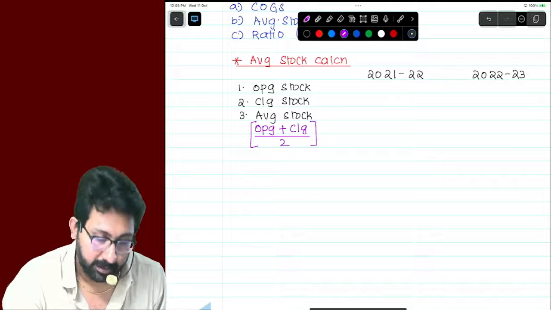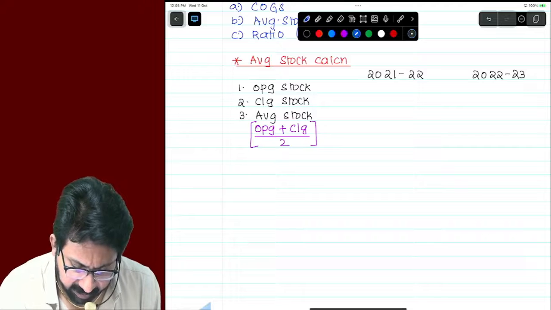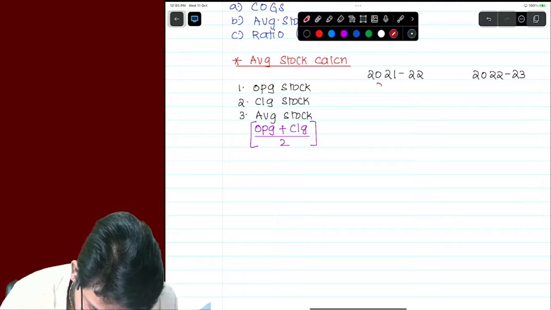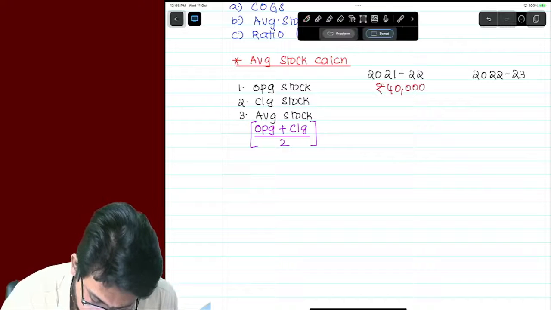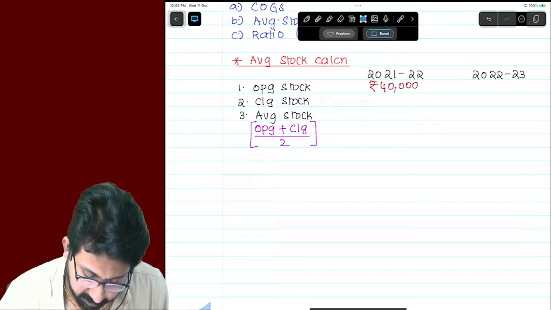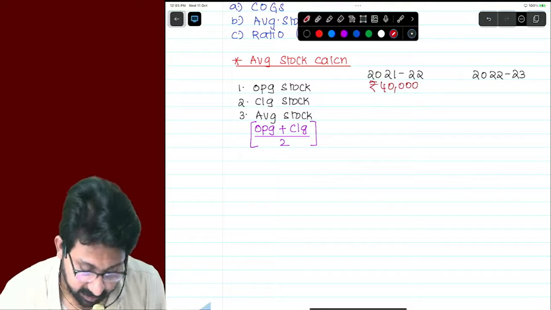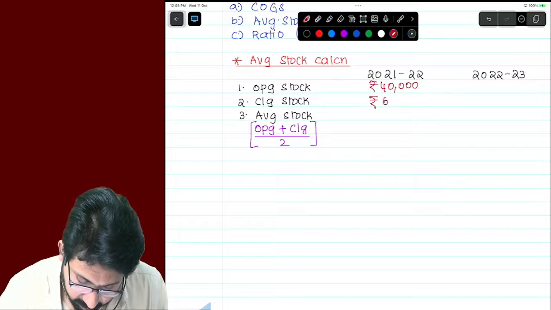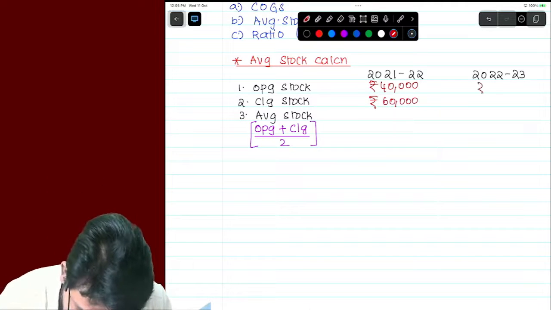Tell me, what is the opening stock of 21-22 they have given in the question? What is the closing stock given in the question? In the balance sheet you have to see. This year's closing will become the next year's opening.